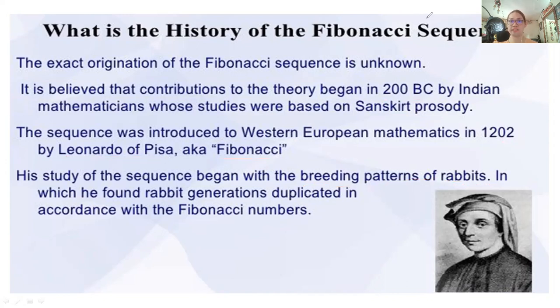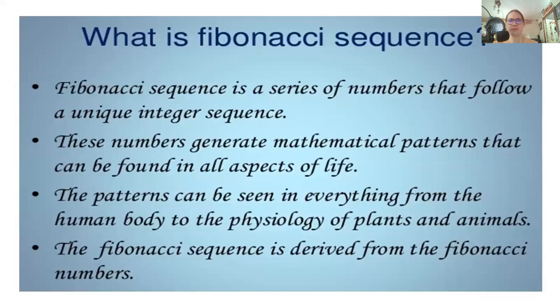So this is the history of the Fibonacci sequence. So what is the Fibonacci sequence? Again, what is the Fibonacci sequence? The Fibonacci sequence is a series of numbers that follow a unique integer sequence.